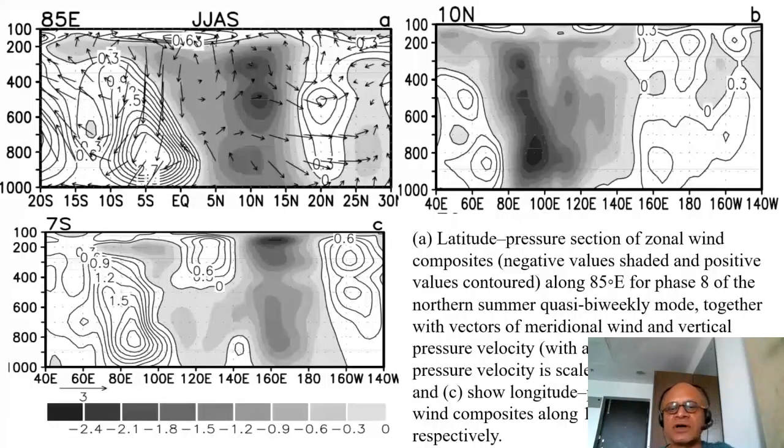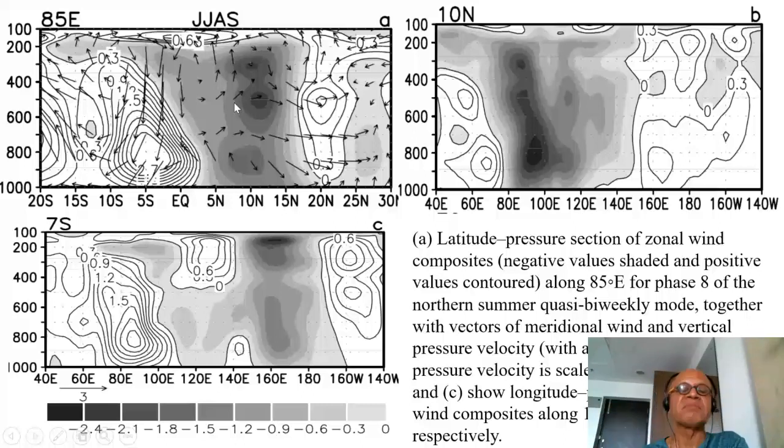This is just showing the latitude-pressure section of the zonal wind composites in contours and colors, with the arrows showing the meridional and vertical velocities in pressure. Vertical pressure velocities are very small.